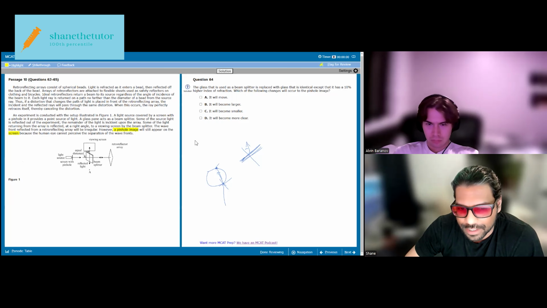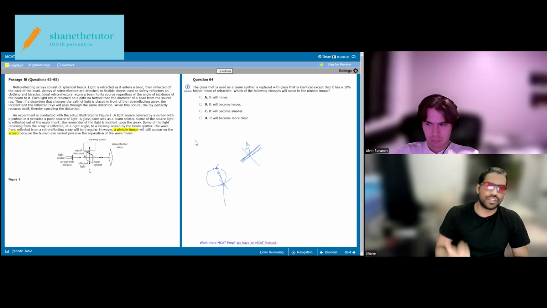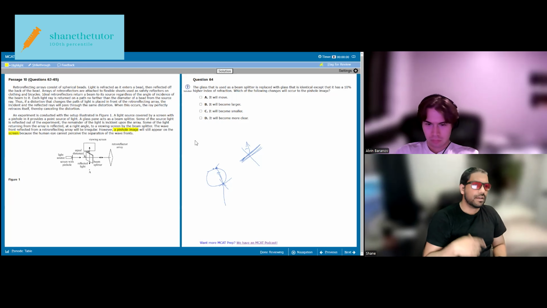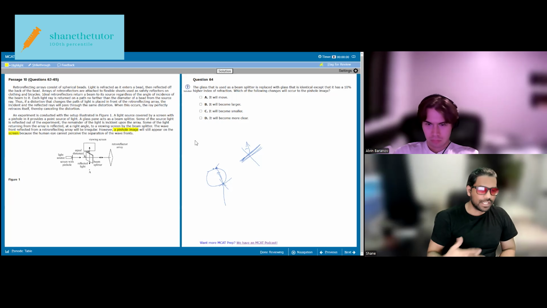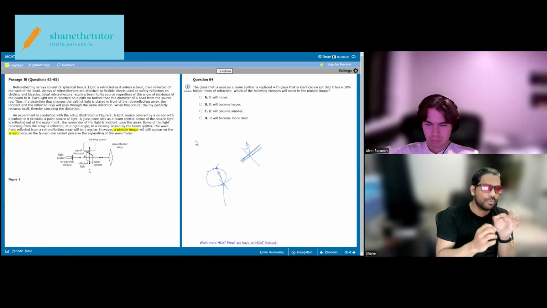So if it refracted more, it should move the pinhole image. It won't change the size, because we don't have a change in object distance or anything like that, and it won't make it more clear, because that happens if you focus all the light rays at a single point rather than around a point.